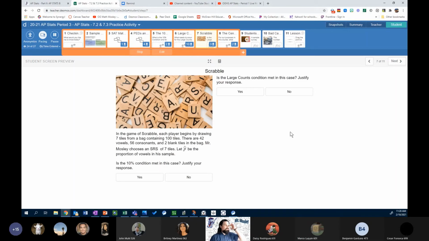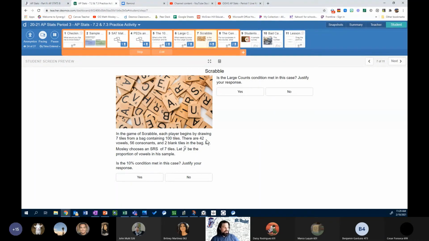We have our example for a proportion. We have the game of Scrabble. Each player begins by drawing 7 tiles from a bag containing 100 tiles. There are 42 vowels, 56 consonants, and 2 blank tiles in the bag. So we're not directly given proportions. However, we can use the given information to find a proportion.